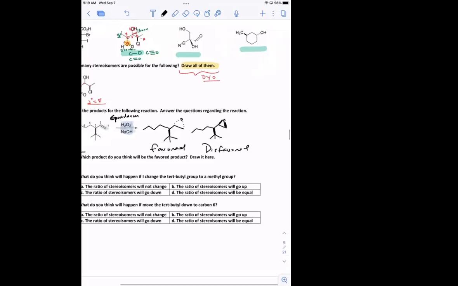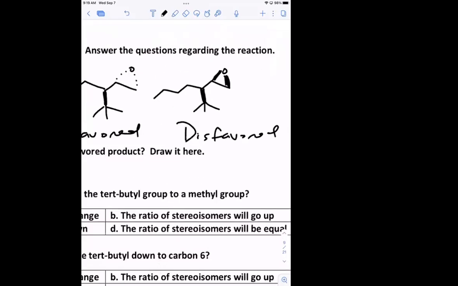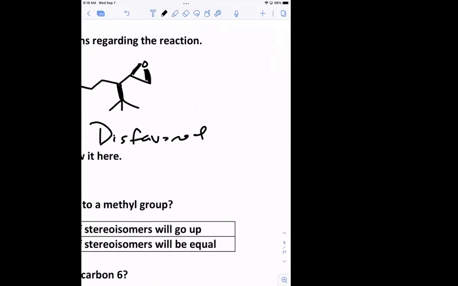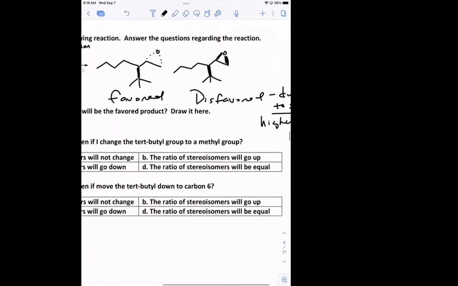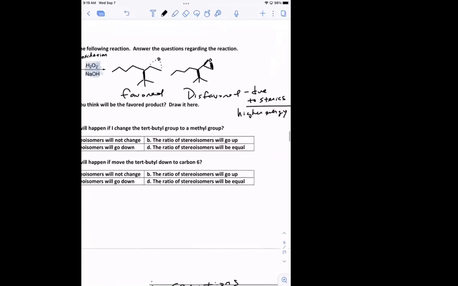So the one with the two groups opposite to one another is going to be favored, and that's all due to sterics. The one with those two groups on the same side is the higher energy product.